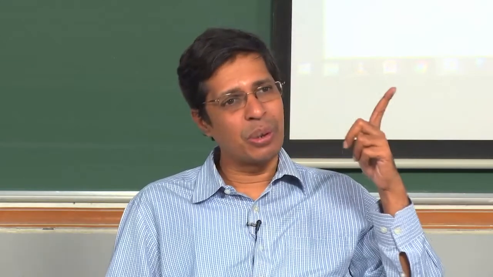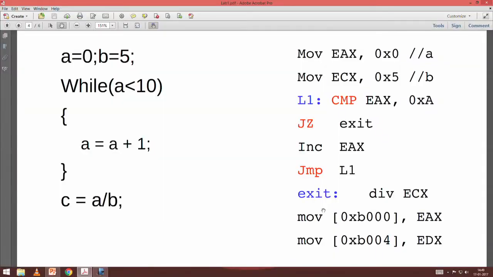The answer will be stored in two registers, namely EAX and EDX. EAX will store the quotient, and EDX will store the remainder, right. When we do integer division, the quotient comes out and I can also have a remainder.